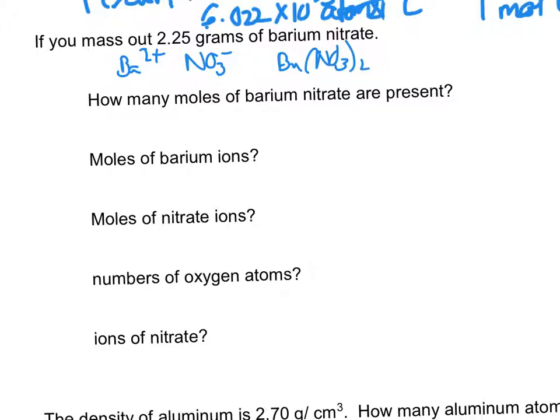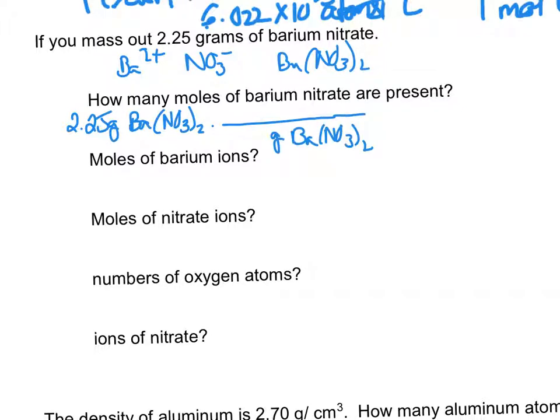All right, so we want to know how many moles. I'm going to write down what I have, the 2.25 grams of barium nitrate. And on the bottom of my conversion factor, I'm going to put grams of barium nitrate so they cancel. And on top, I'll put moles of barium nitrate.